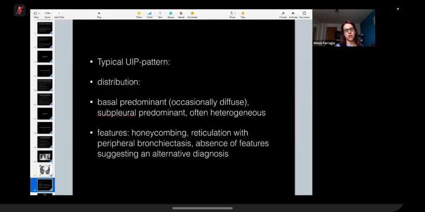As we saw before, these patients have basal predominant findings, an apical-basal gradient, subpleural predominant, often heterogeneous, and the features are honeycombing, reticulation with peripheral bronchiectasis. The absence of these features would suggest an alternative diagnosis. For example, if the predominant pattern is ground glass, then that would favor an NSIP picture rather than a UIP.